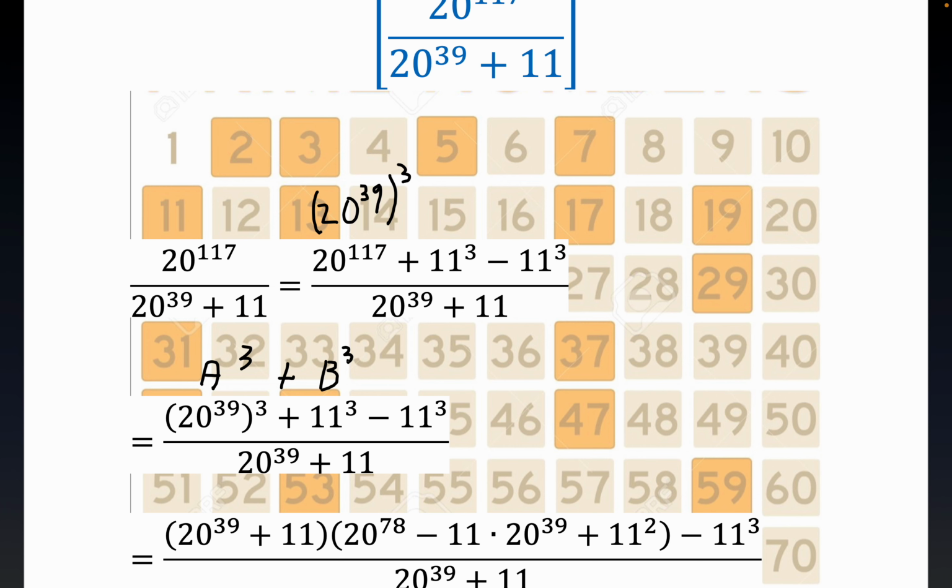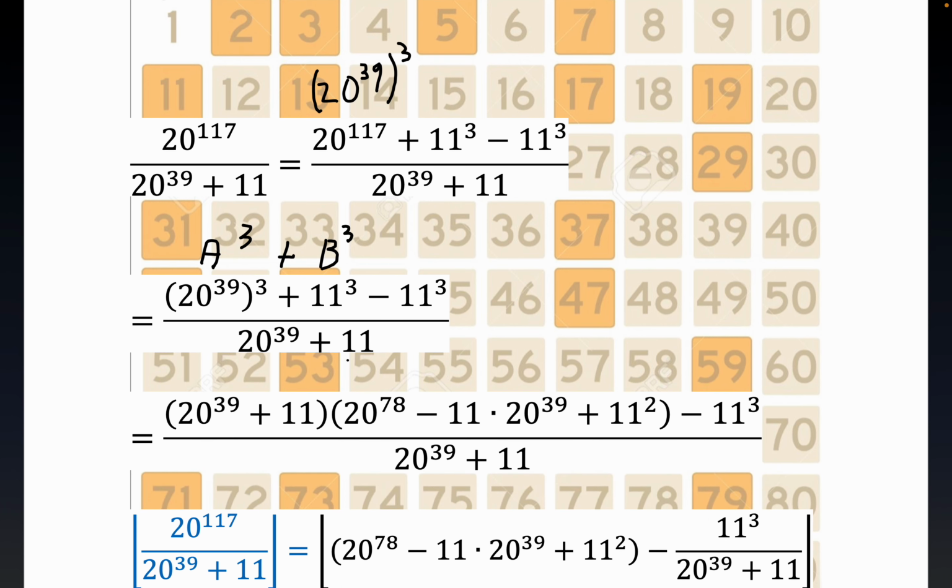Carrying on, a cubed plus b cubed is a plus b, that quantity, times the quantity a squared. Now if a is 20 to the 39th, a squared is 20 to the 78th, 2 times 39, and this would be the minus ab part right here. And then the terminating term would be b squared.